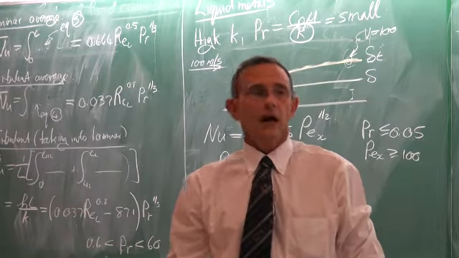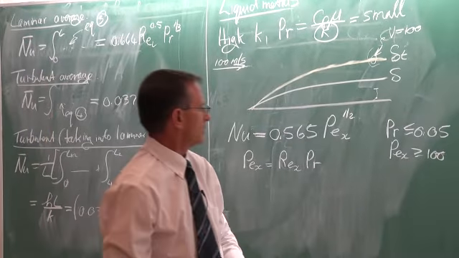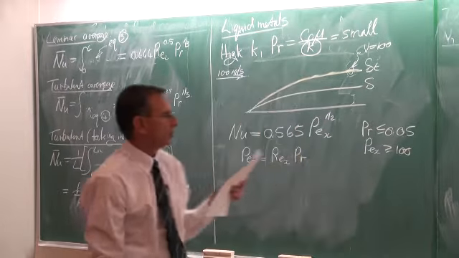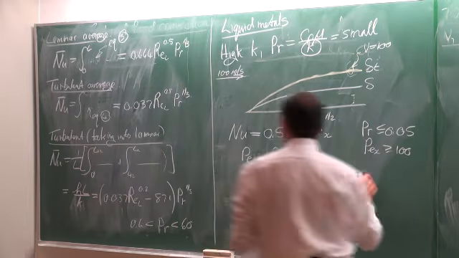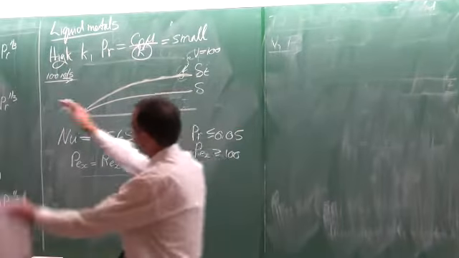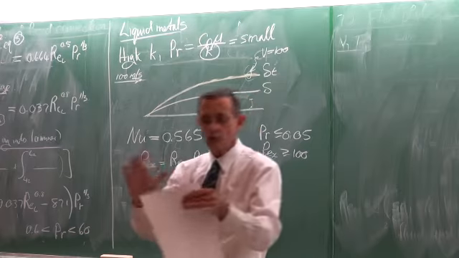Right. Now that we know how to get the average heat transfer coefficients, people always like to look at exceptions. But before we get to that, what you can see is now we have two different equations, one for liquid metals, one for the rest, and then there are many more equations.